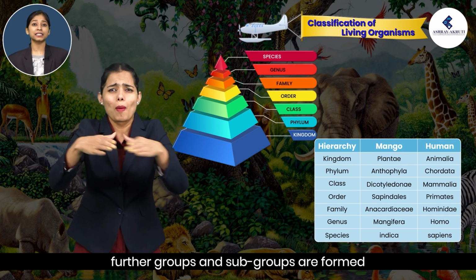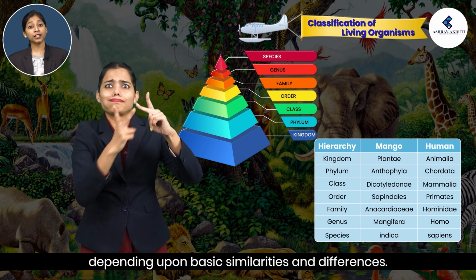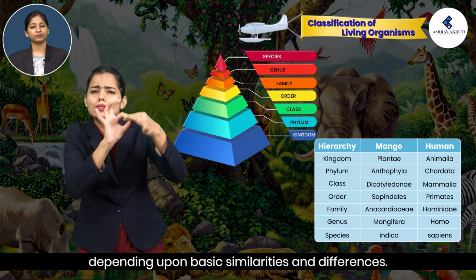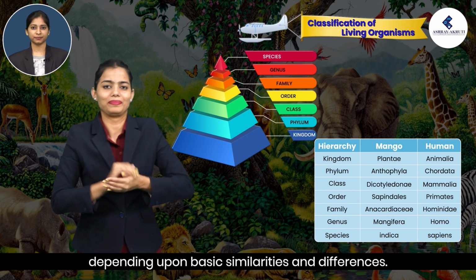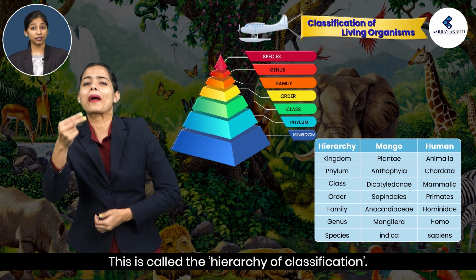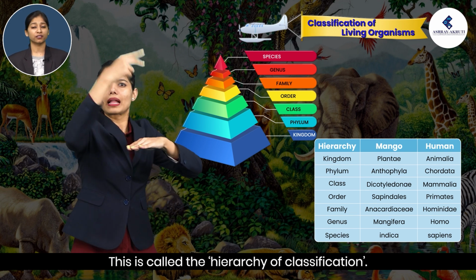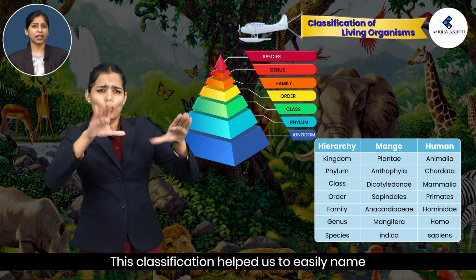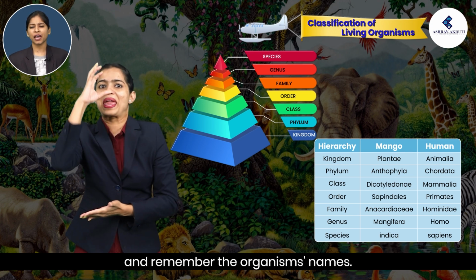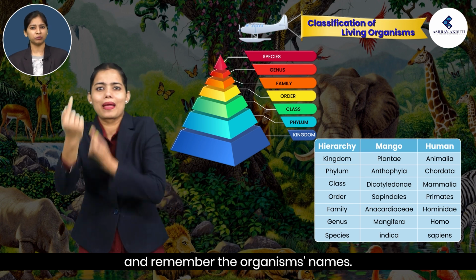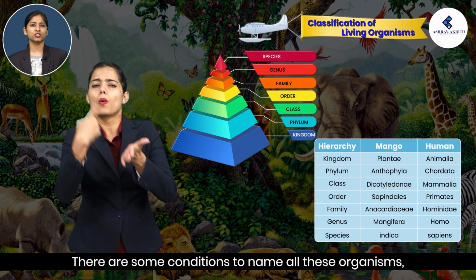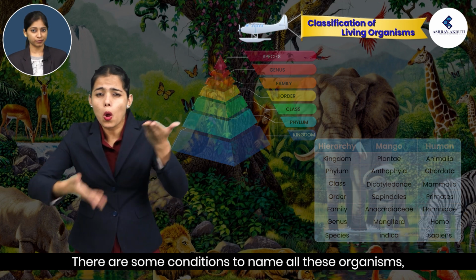Further groups and subgroups are formed depending upon basic similarities and differences. This is called the hierarchy of classification. This classification helped us to easily name and remember the organisms' names. There are some conditions to name all these organisms framed by Linnaeus. Let us see.